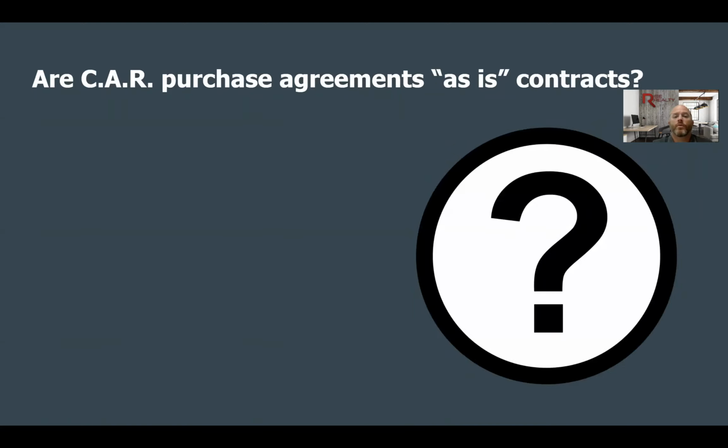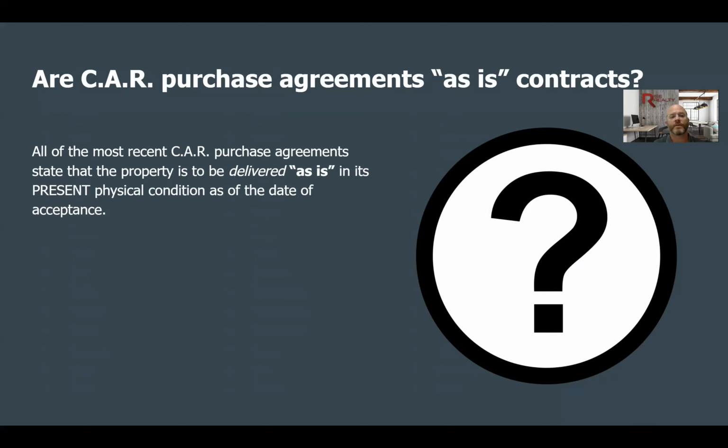So this comes up a lot, and we're going to touch on as is. It doesn't seem like it's a big deal, but it kind of is. Because we get, or at least I see a lot of counteroffers and things like that say, this home is to be sold as is, so on and so forth. But if you've been in the business a while, or if you've read the purchase agreements, you'll know that all of them always have been as is contracts, at least in recent years.